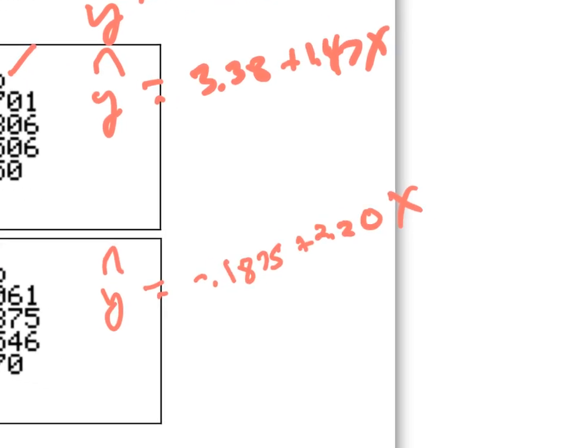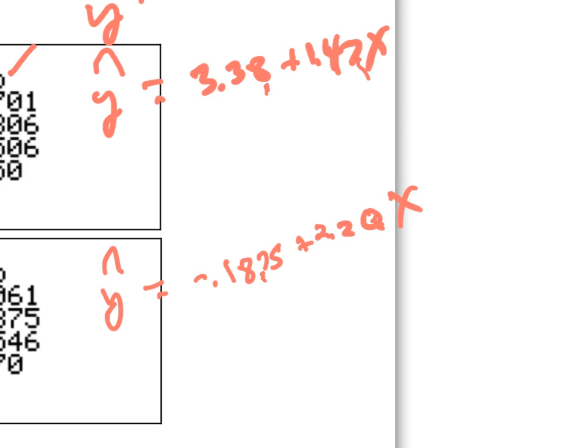And you can see a big difference. I can look at the slope and see that by removing the outlier, not the outlier, the influential point, the slope increased. I can also see that the y-intercept decreased.